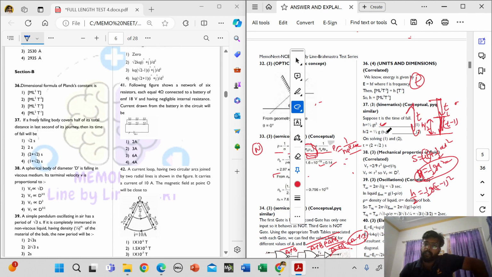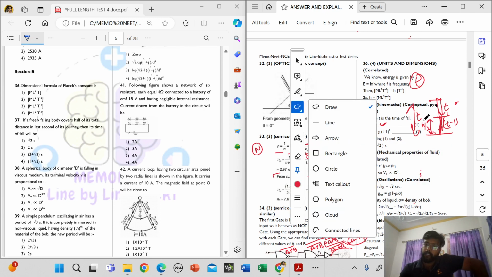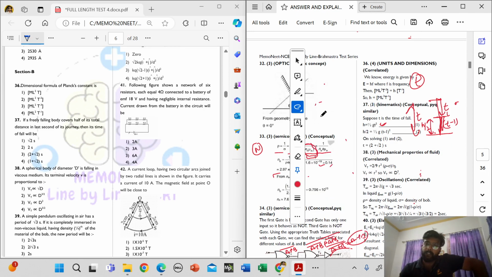So we can put the value of h from equation 1 into equation 2, because it is given in the question that in the last second it covers half the distance. Suppose the total time it takes is t.